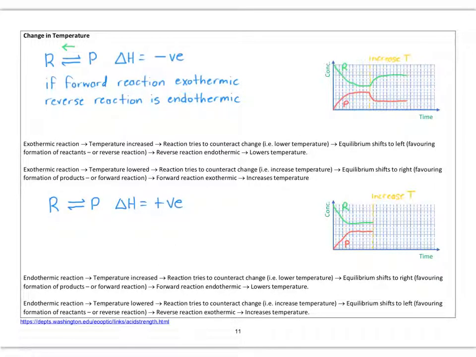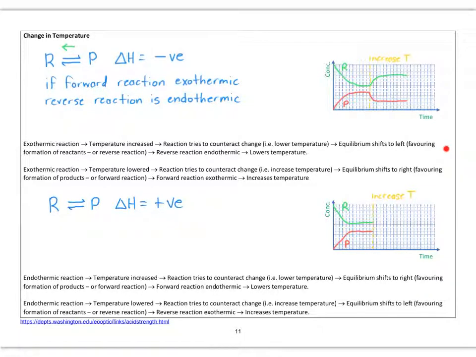Le Chatelier says it counteracts the change. So saying that all in text, if the temperature is increased, the reaction tries to counteract the change, equilibrium shifts to the left, favouring formation of reactants, or the reverse reaction. Reverse reaction is endothermic, therefore it lowers the temperature.